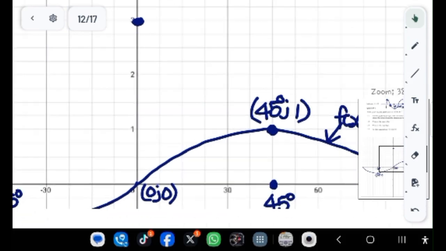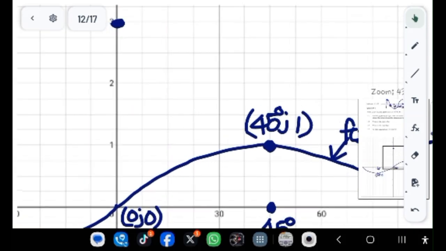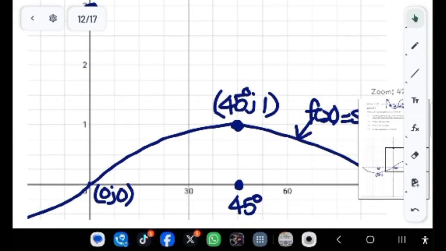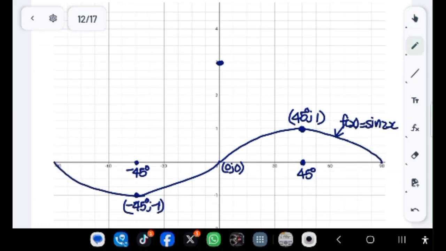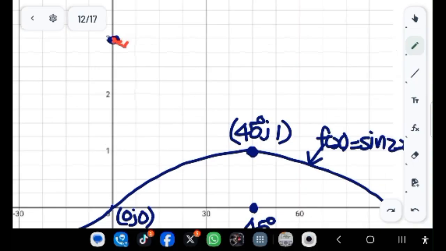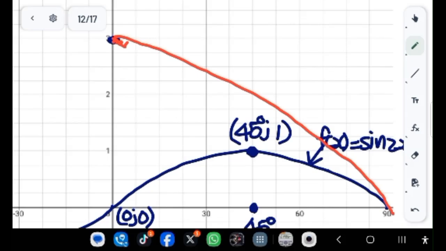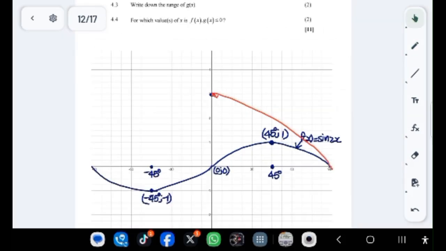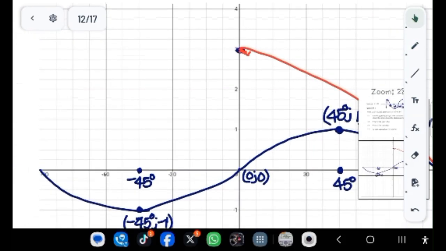We'll have the amplitude of 3, and it will go right all the way to, like that. And on the other side, same story.